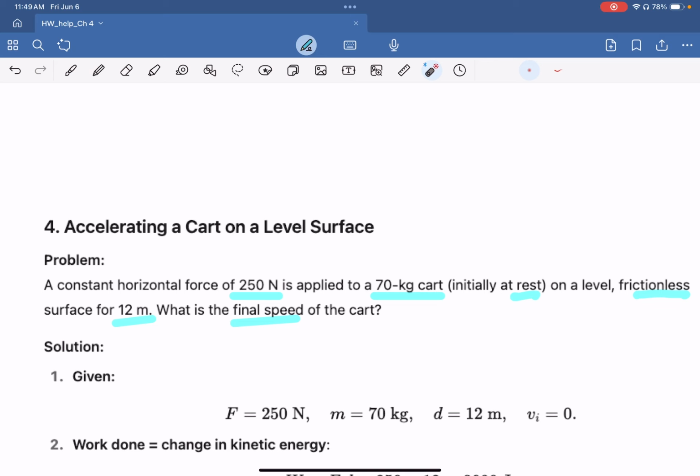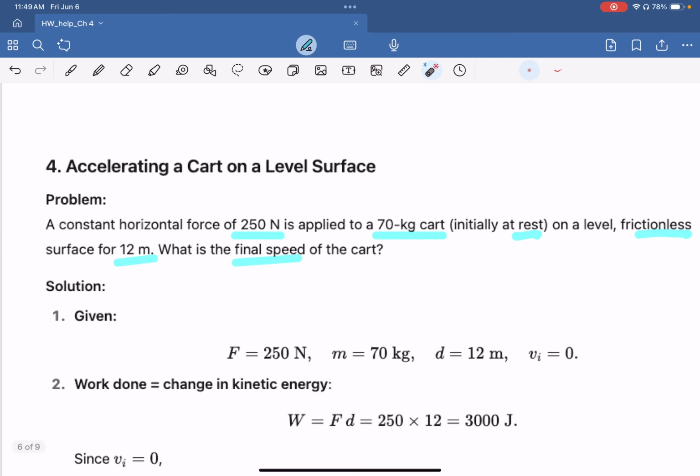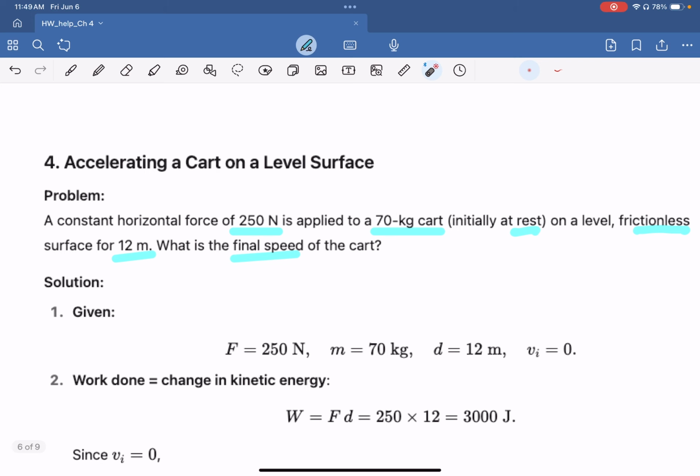The idea here is the same as in problem number 2. Work done is the change in kinetic energy. And how do you find the work? Force times distance. Now, some of you may be thinking, why don't we use the cosine of the angle? Because the angle in this case is 0. The force is that way, the movement is also that way.